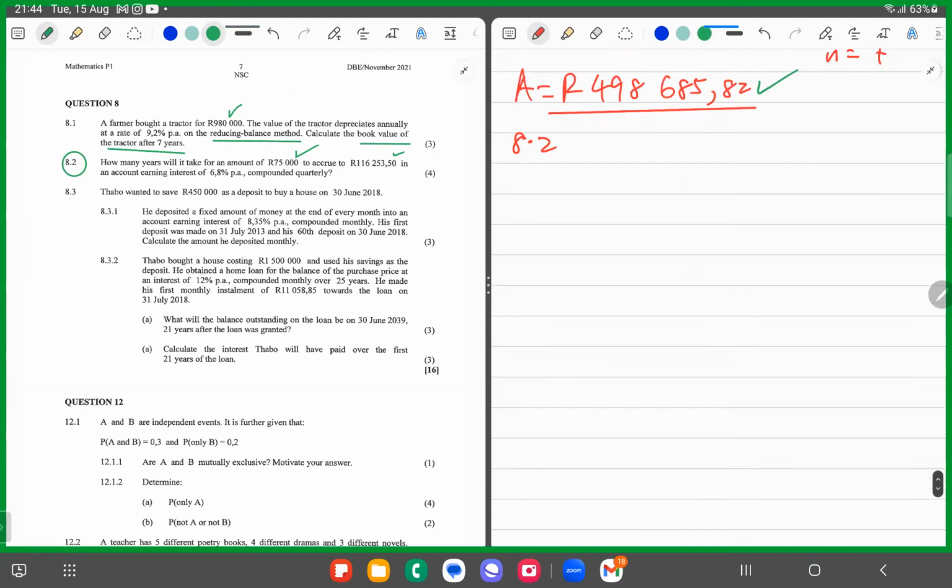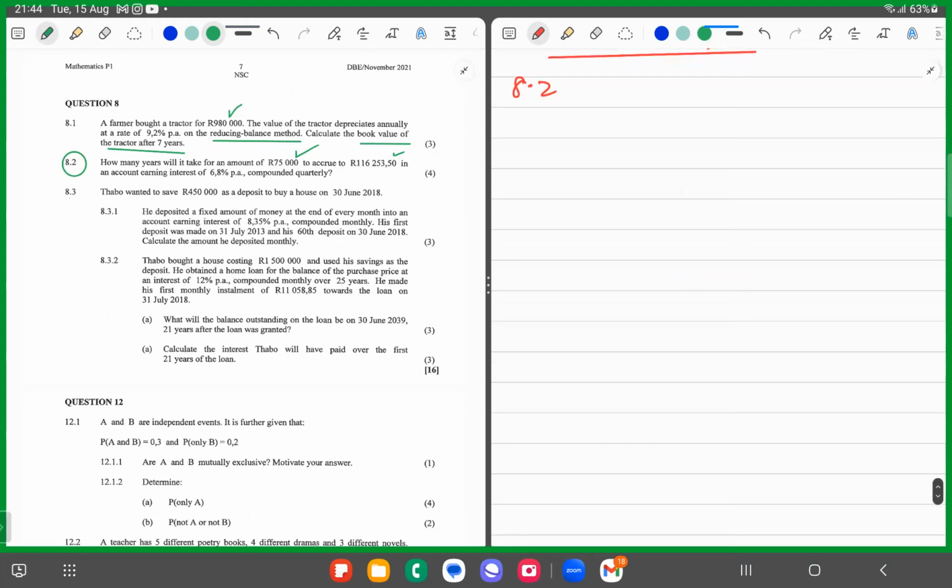How many years will it take an amount of this to accrue to this? So in other words, it is appreciation. So we're looking at the data. The present value, the final value.